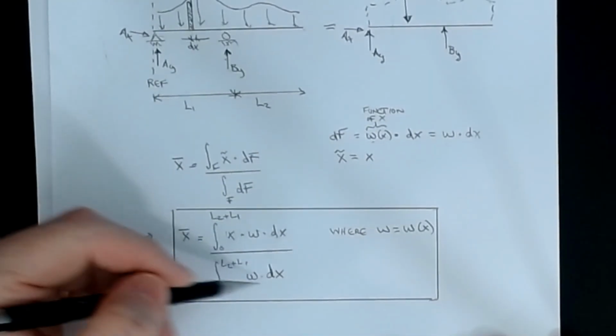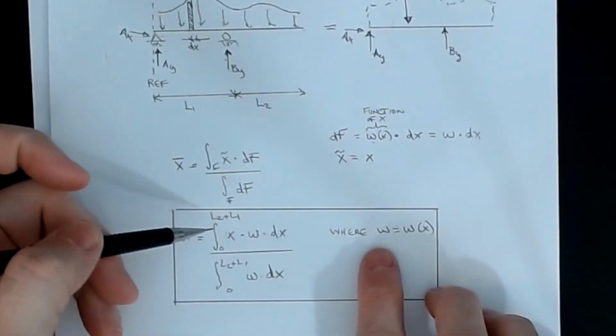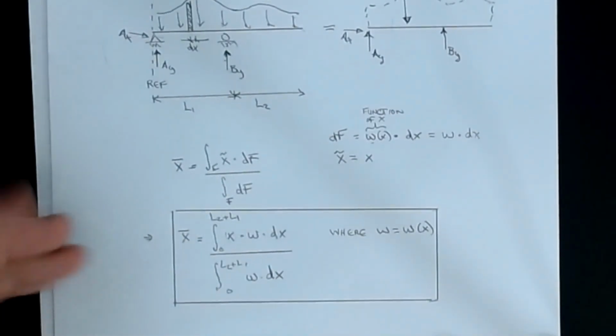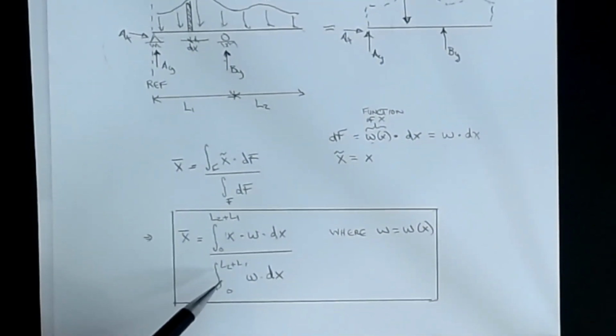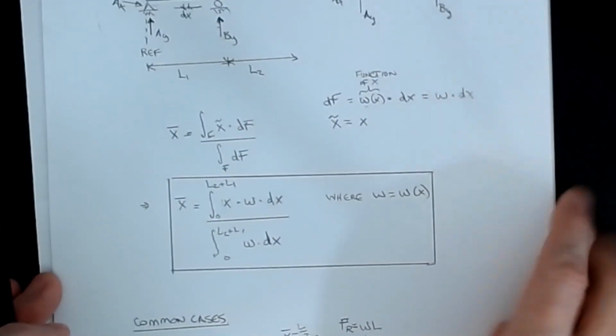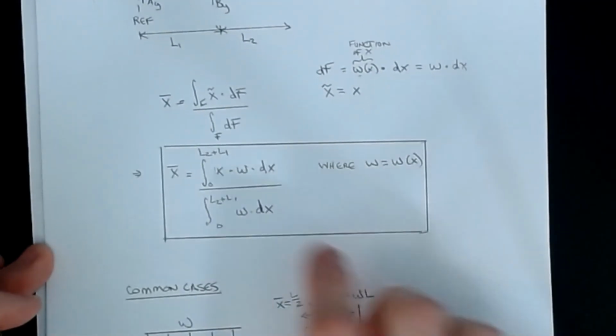Again, this is just the total force, and of course w is w of x, a function of x. So it's the exact same approach that you saw as we start to set this one up. Now again, I didn't work out all of the algebra for this, we didn't really define w as a function, but that's the way that you set this up.